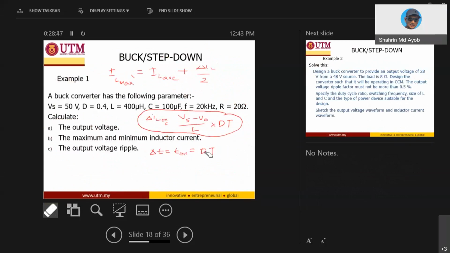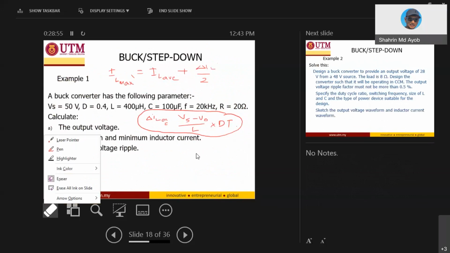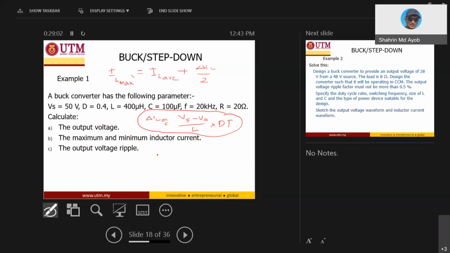So sekarang you calculate delta IL on, (VS minus V out) dt over L. Ataupun, panjang sangat, this one is very long. Delta IL ni panjang kan? So why don't we use delta IL off? Boleh juga, delta IL off. It's actually very simple. V out over L, (1 minus D) T, right?